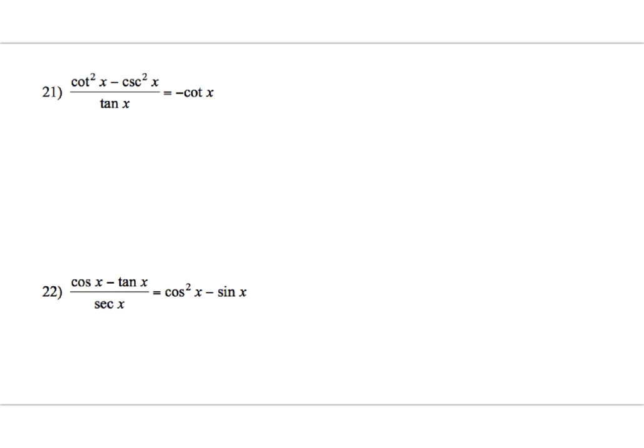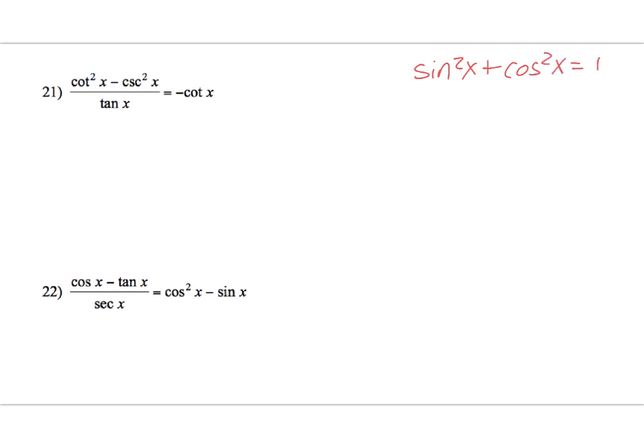For the next one, we've got both cotangent and cosecant going on there. We may be able to combine some stuff there using some Pythagorean things, so let's take a look at that. We know that we have the Pythagorean identity, sine squared x plus cosine squared x is equal to 1.